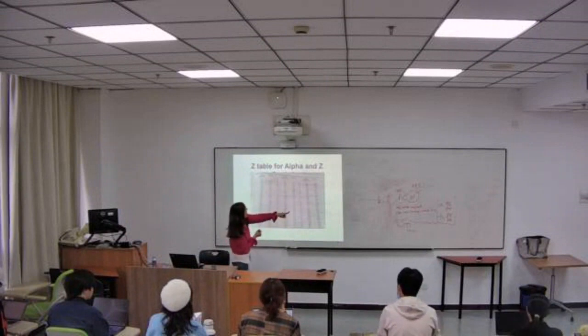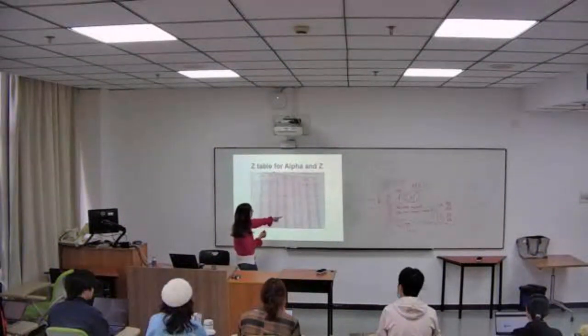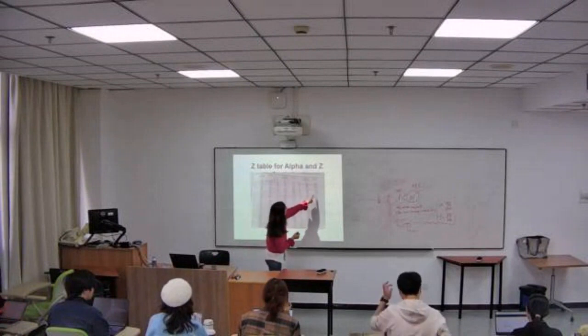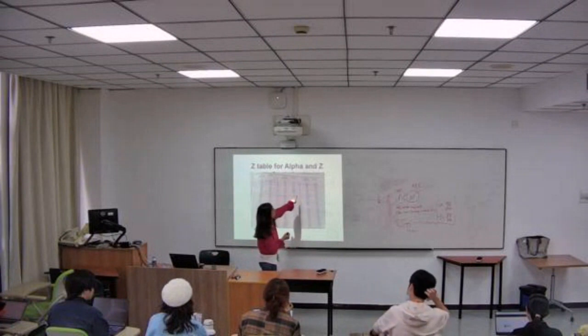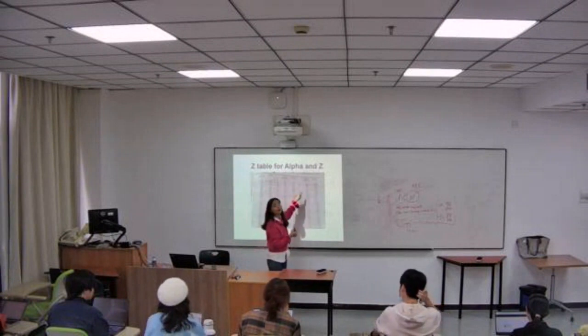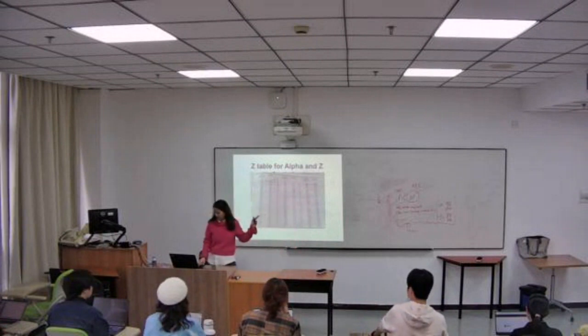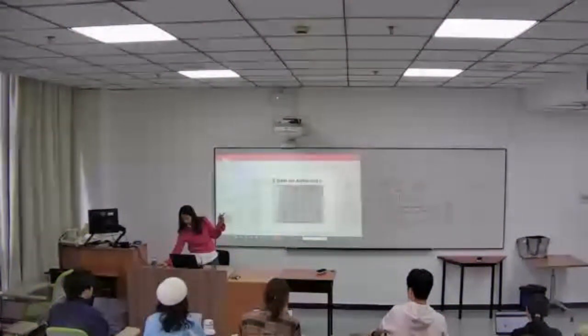Similarly, if you say top 1%, right here, your Z statistics would be 2.29. I don't want to confuse you, I just want to tell you. If you're interested, I can share these slides with you later.